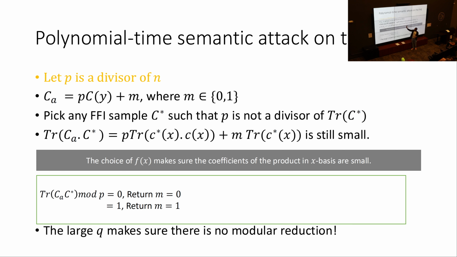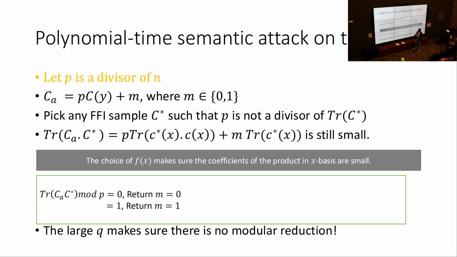Now, by the definition of little f, we already know this product is not going to give a lot of noise growth. This is the main motivation of taking this little f in the FHE construction. So after the multiplication, this thing still remains small, and if you take mod p now, everything will cancel out.